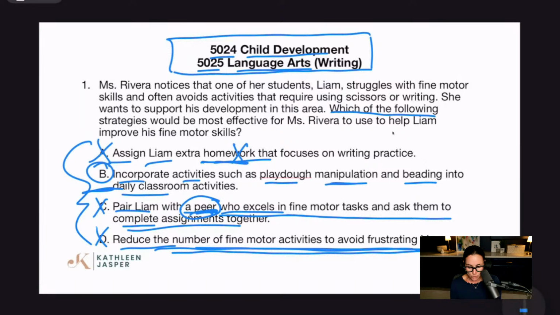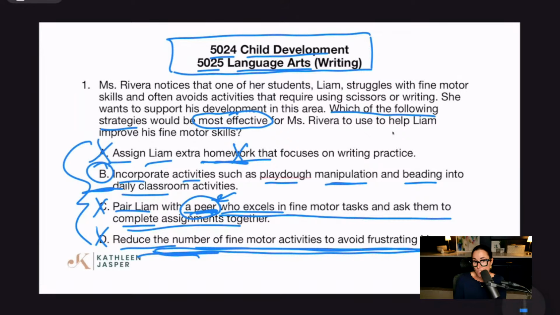Which of the following strategies would be most effective? That's another thing I want you to think about on this exam. People will often say, well, I look at the answer choices and they all look good to me, because you're a brand new teacher and like, of course, homework, I had homework. Play-Doh sounds like fun. Peer interaction, I know that's important. Reducing the number to make it a little bit easier on the kid.